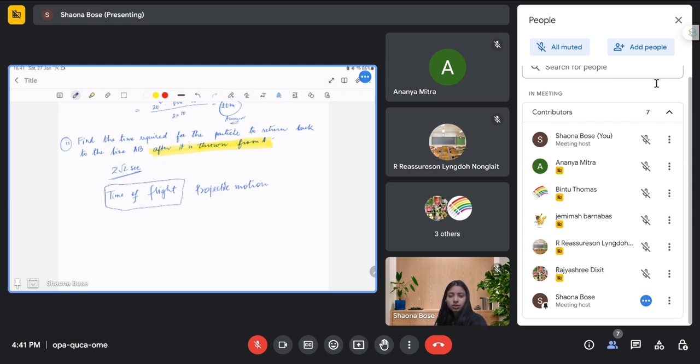There can be millions of ways to solve a problem, that's okay, but this is also another way. Can you use any equation related to time of flight?